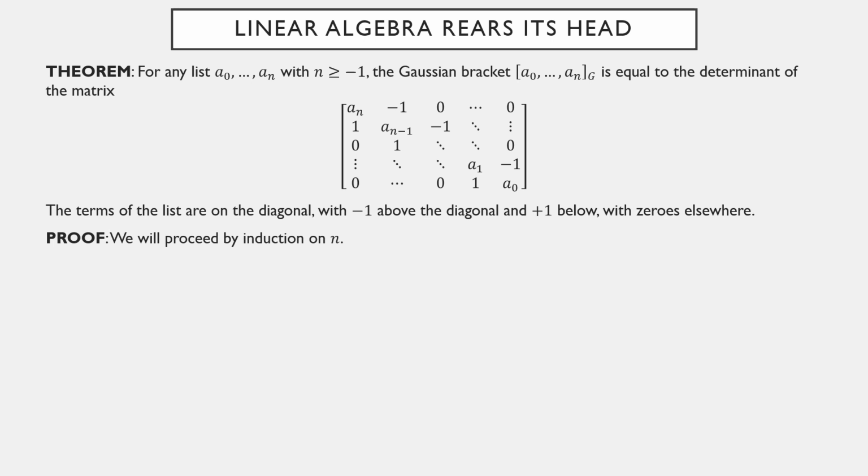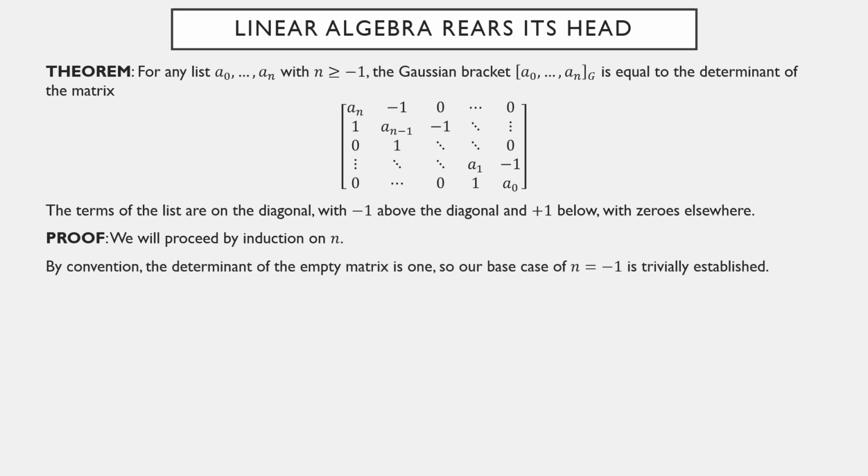We're going to proceed by induction on n. Now look, our base case is actually n equals -1. Why is n equals -1 our base case actually going to make sense? Well, if n is equal to -1, then our list ends at an index before where it starts. Right? So if n is equal to -1, this terminal index is right before this one.